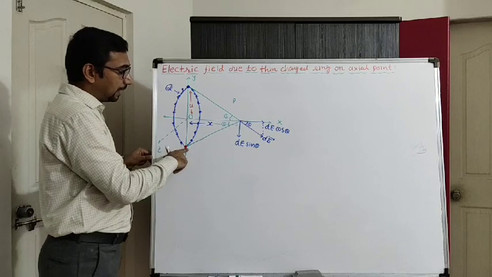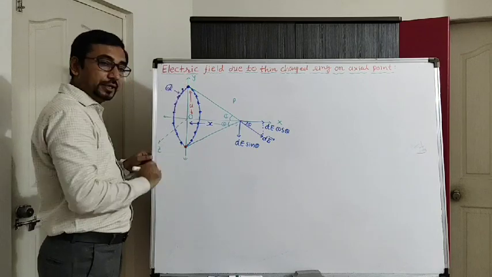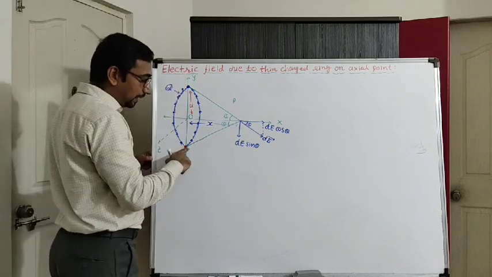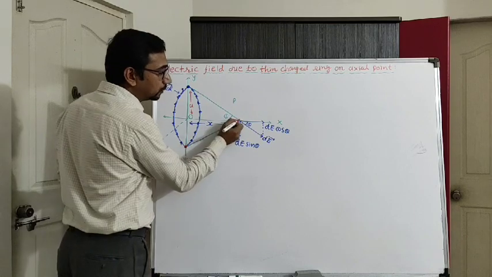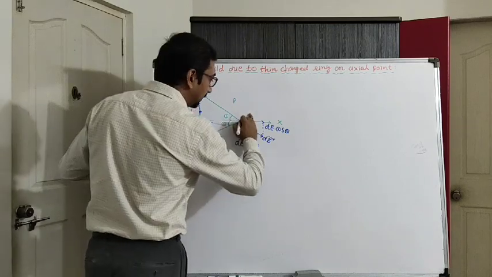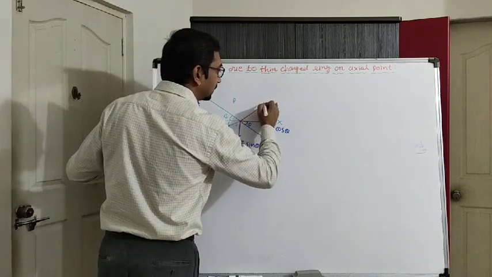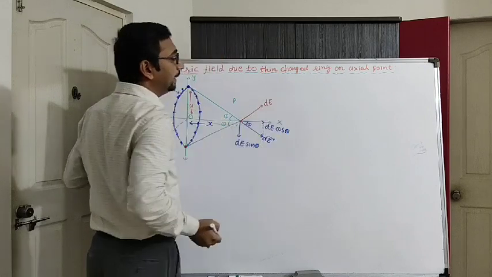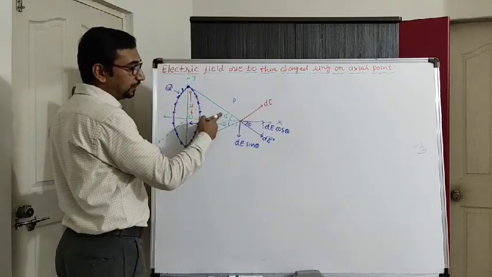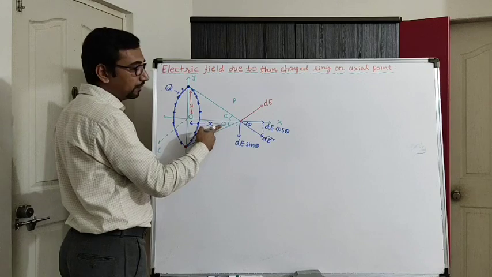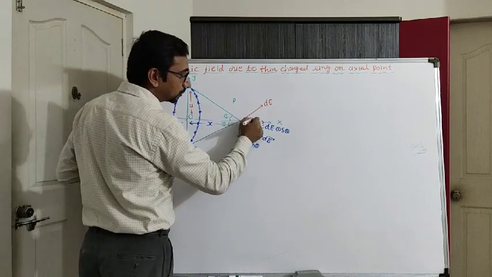So here charge will be similar to this charge dq. So if we find out electric field due to this dq charge over here, then this electric field will be in this direction. So this is also dE segment. Now this angle is theta, so this angle should be equal to theta. That means this is also theta.